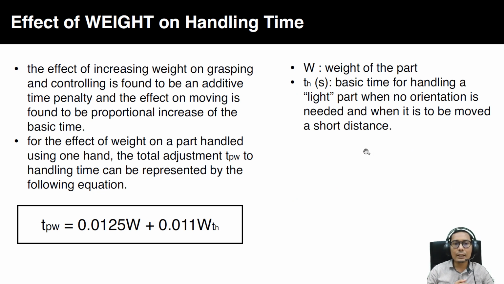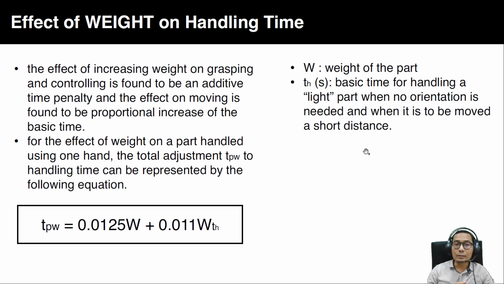Okay, we look at the effect of weight on the handling time itself. The effect of increasing the weight on grasping and controlling is found to be an additive time penalty, and the effect on moving is found to be a proportional increase of the basic time.